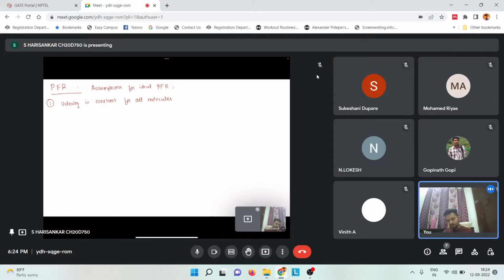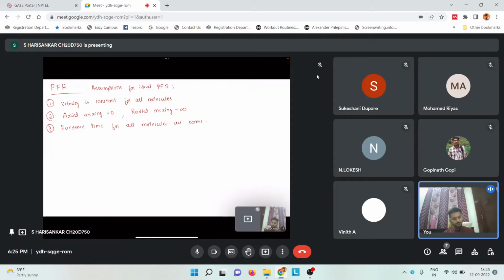Now, there is no axial mixing. Axial mixing is equal to 0, but radial mixing is there. We'll see how this is affecting it. And the third is that the residence time for all molecules is the same.